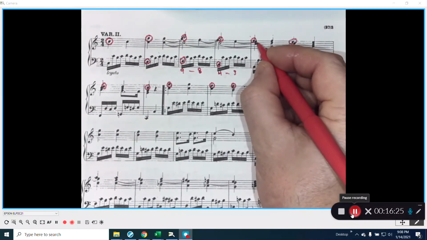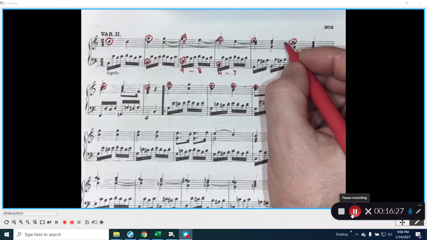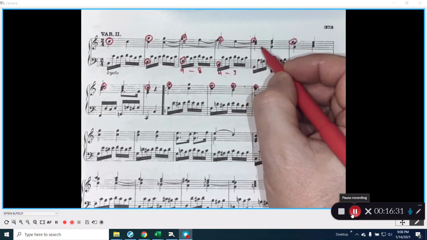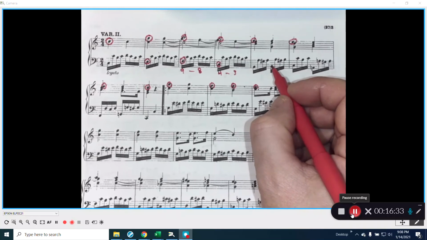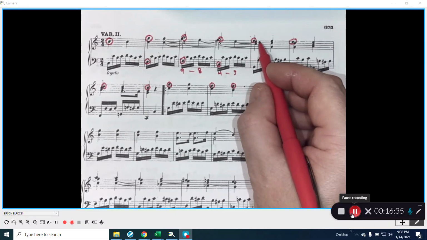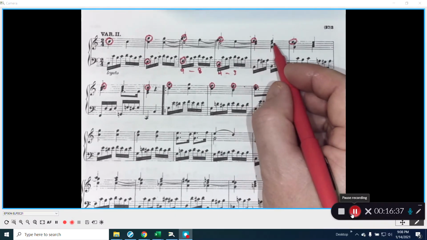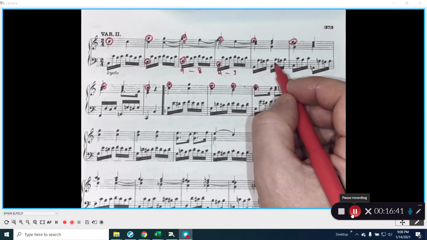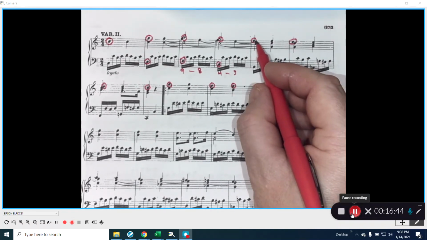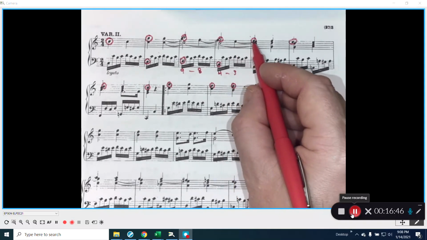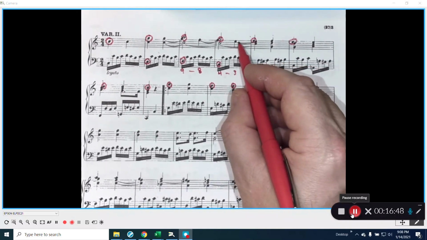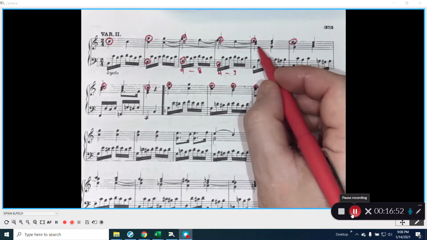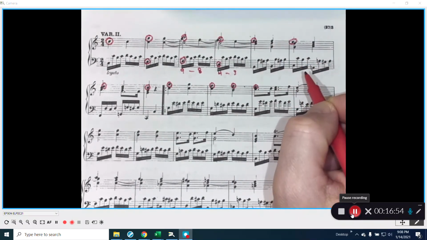And now the E. Now the E, which is tied. Now that's a fifth. Okay. And that fifth, when it resolves down by step, the chord changes. So in that case, the E looks like a suspension, but in fact it's just tied, and it does look like it resolves down by step, but it resolves as a chord tone.